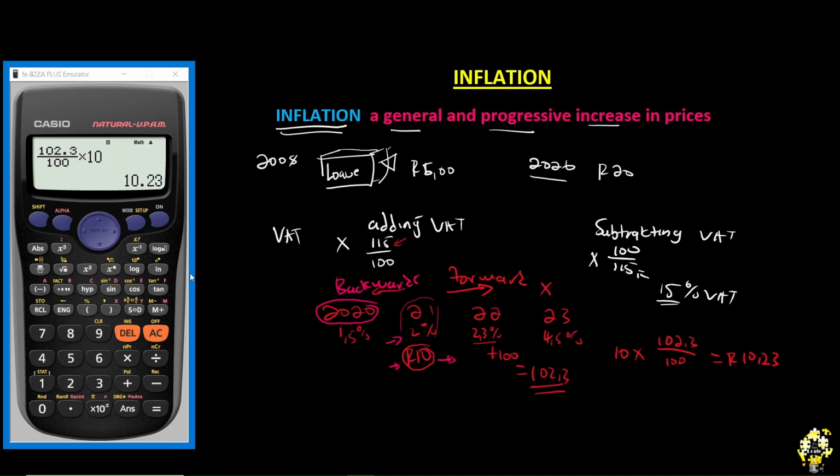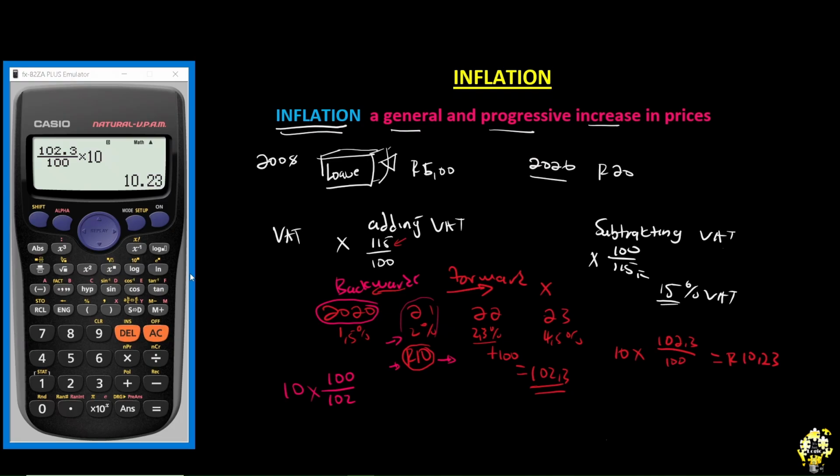So if we want to find what the price was in 2020, this is what we are going to do. We are going to say 10, and we multiply. The added percentage goes below, and 100 stays at the top. So it's going to be 100 over what? It's going to be 102, because remember, you always take the percentage that you are given and add it to 100.